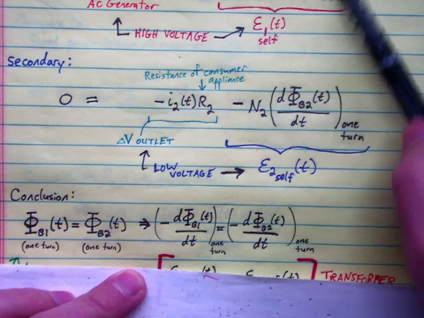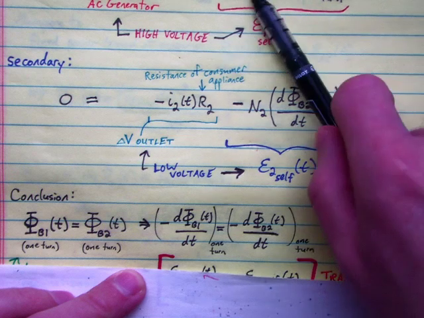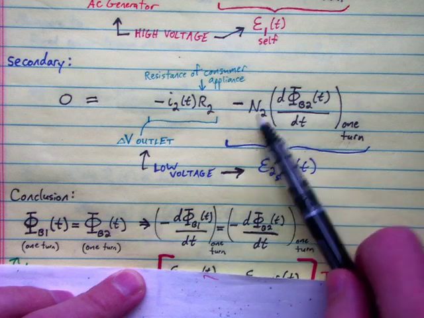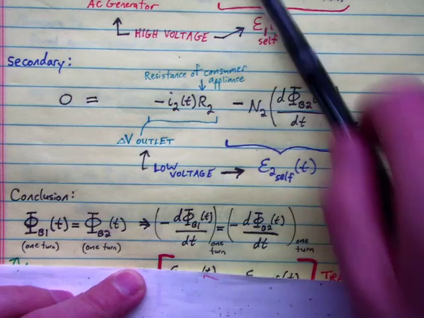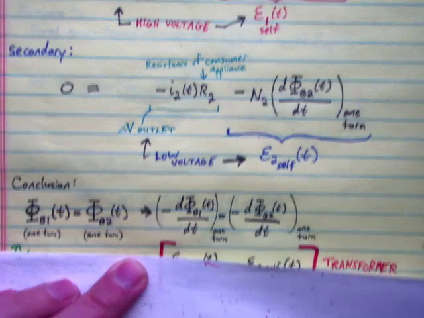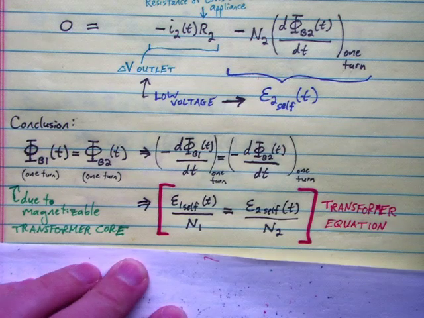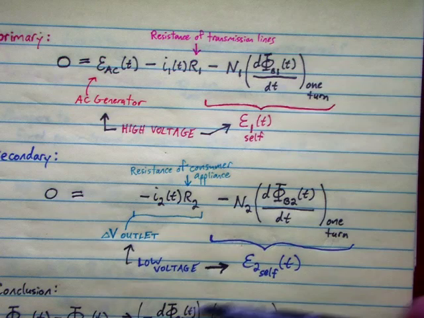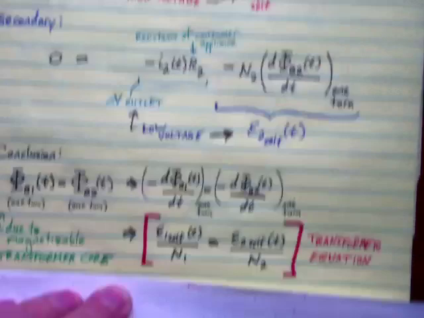Well, what we're saying here is EMF 1 equals N1 d phi 1 dt. Here we're saying EMF 2 equals N2 d phi 2 dt. Oh, there's minus signs there as well. So if the rates of change of the fluxes are equal, then EMF 1 divided by N1 equals d phi 1 dt, and EMF 2 divided by N2 equals d phi 2 dt.